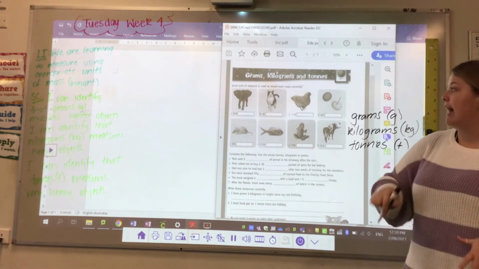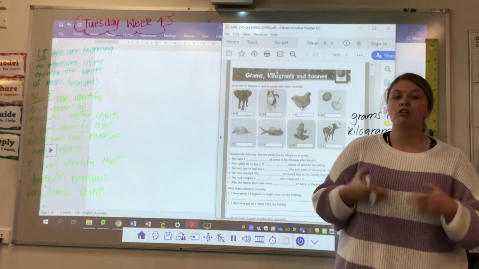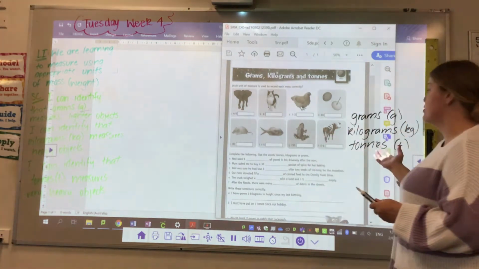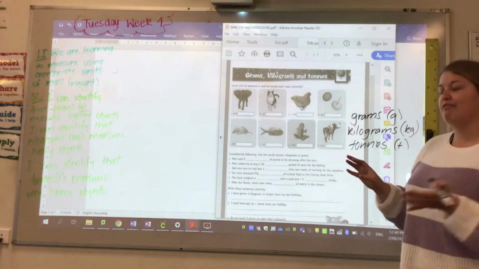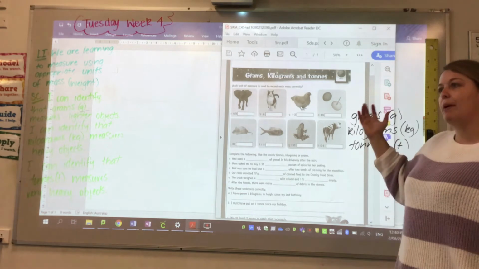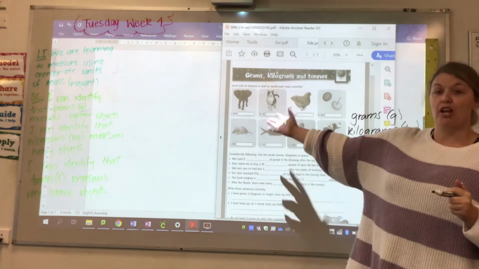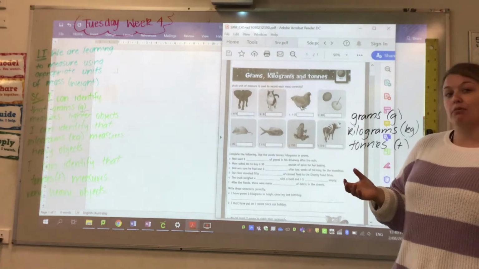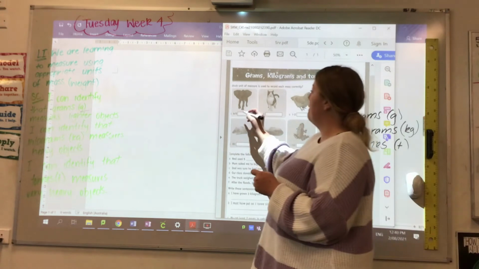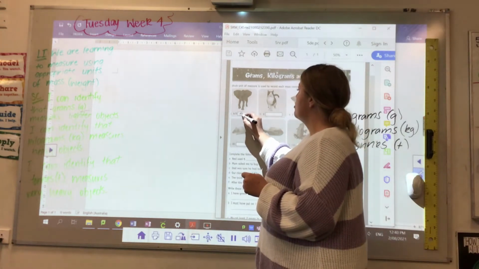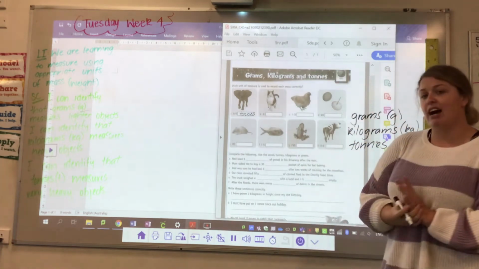Now, we know that an elephant is a very, very heavy animal. So which one do you think would be the best way to measure an elephant? Would we use grams? No, definitely not. Elephant is very, very big. Grams would not be the best way to measure an elephant. Which way do you think would be the best, kilograms or tons? Yeah, that's right. Tons would be the best way to measure our elephant. So 4.5 tons.